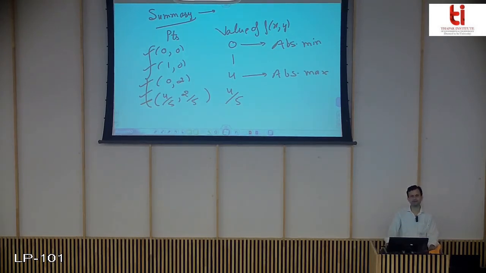These are the three possibilities, because we have a theorem: if a function is continuous and defined on a closed interval, then it will definitely have an absolute maxima and absolute minima.